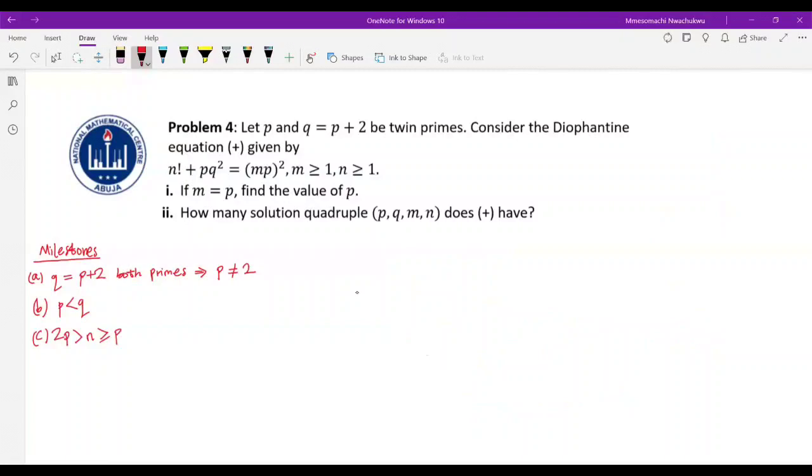So fact D. We want to show that Q does not divide M. So we just assume, suppose Q divides M. What does that imply?